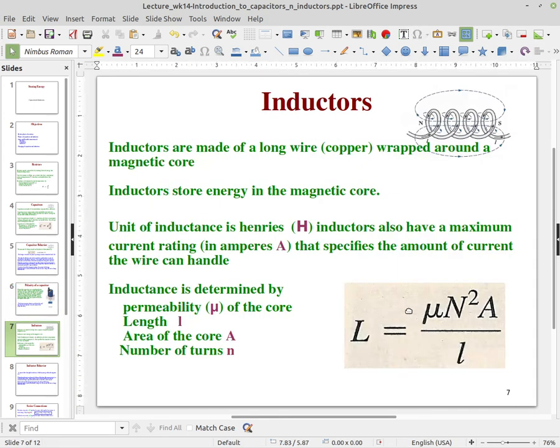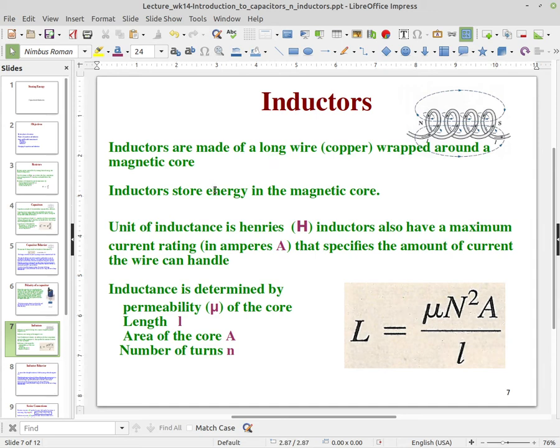All right, now inductors are made of a long piece of wire wrapped around a magnetic core. Sometimes that magnetic core could actually be air, which isn't a great magnet, but it does work, especially for high frequency applications. But inductors are coils of wire wrapped around some sort of core material.